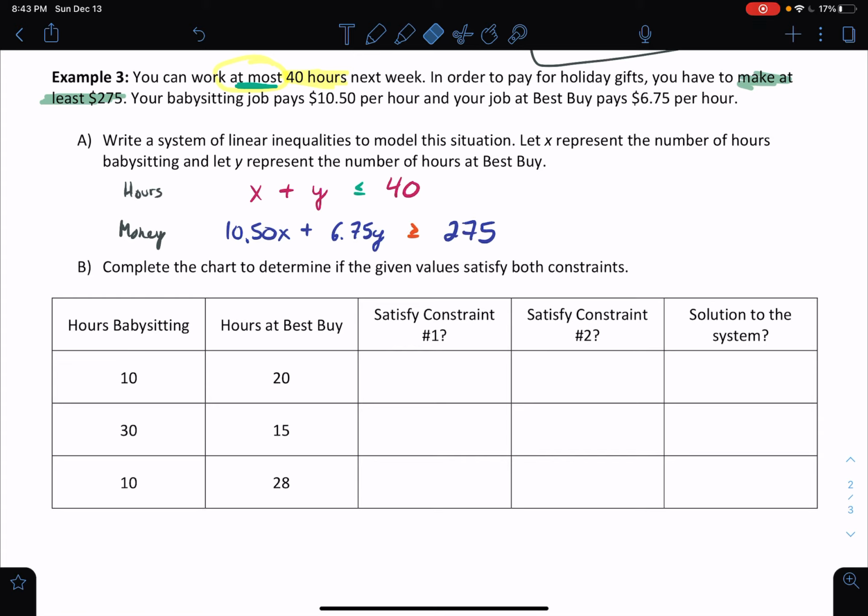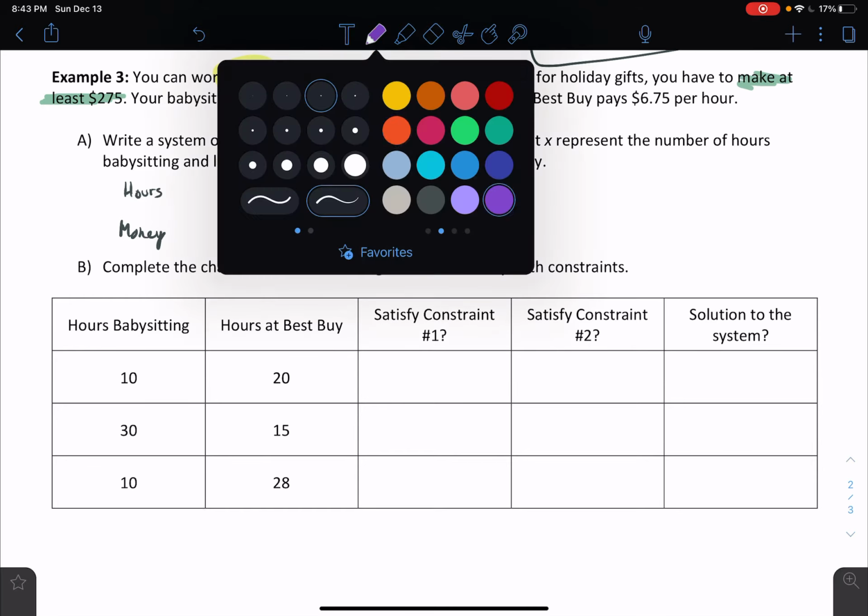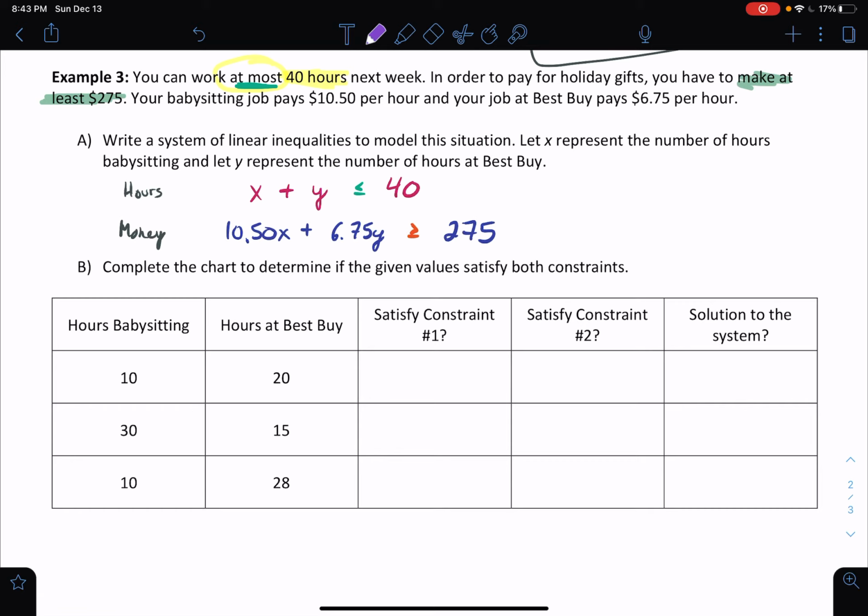Okay, let's use algebra. Hours babysitting and hours at Best Buy. So, if I do 10 hours babysitting, 20 hours at Best Buy, that's 30 hours total. 30 is less than or equal to 40. So yes, it works for constraint number 1. What about with the money? All right, well, 10.5 times 10, that's 105.